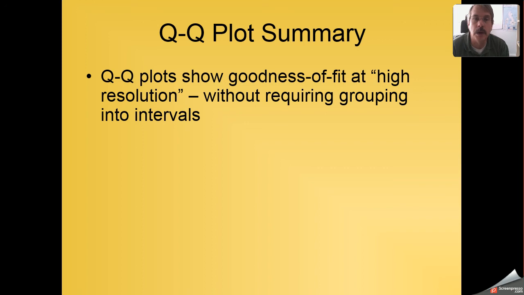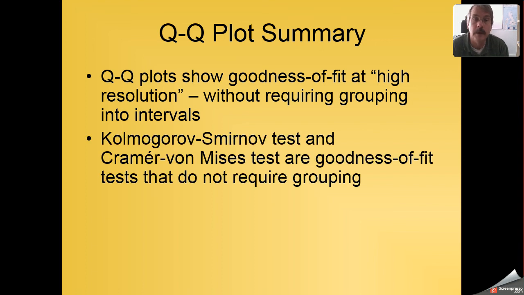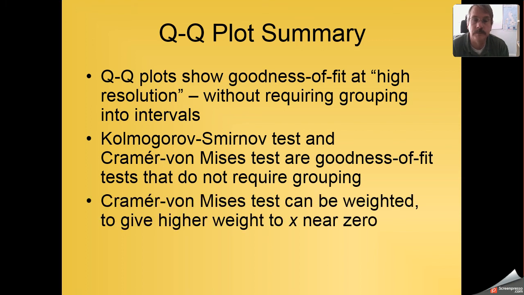So these QQ plots show us visually where there is discrepancy between what the model predicts and what we've observed. They do not require us, the QQ plots do not require us to come up with those cut points. The visual image of the QQ plots can be converted into hypothesis tests, testing the goodness of fit of our models in either the Kolmogorov-Smirnov or the Cramér-von Mises variants.